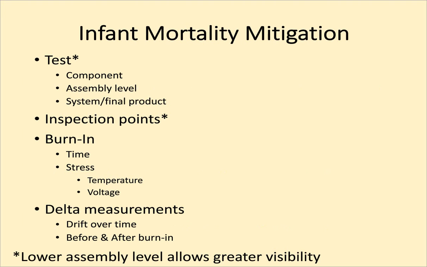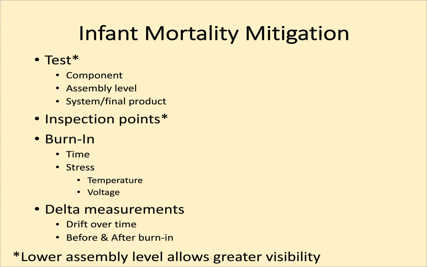Okay, so what can a manufacturer do to ensure that infant mortality is eliminated before the product is distributed? Test and inspection points are very important during the production process, and this isn't often talked about, but the level at which those tests are performed is very important.